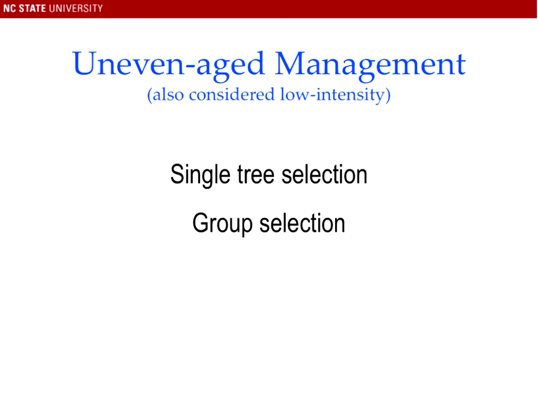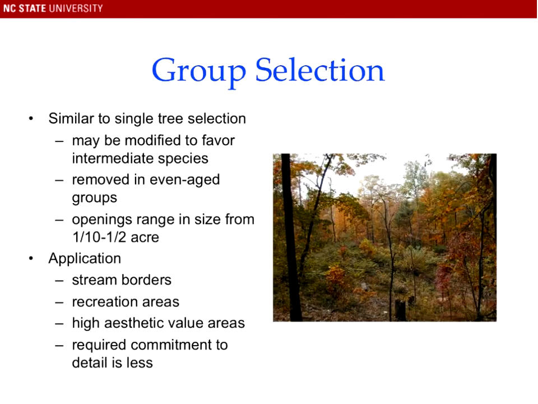So now we want to talk about uneven age management. Again, also considered low intensity. We'll talk about single tree selection and group selection. Group selection, similar to single tree selection, may be modified to favor intermediate species. Trees are removed in even age groups with openings ranging in size from a 1/10 acre to a 1/2 acre.